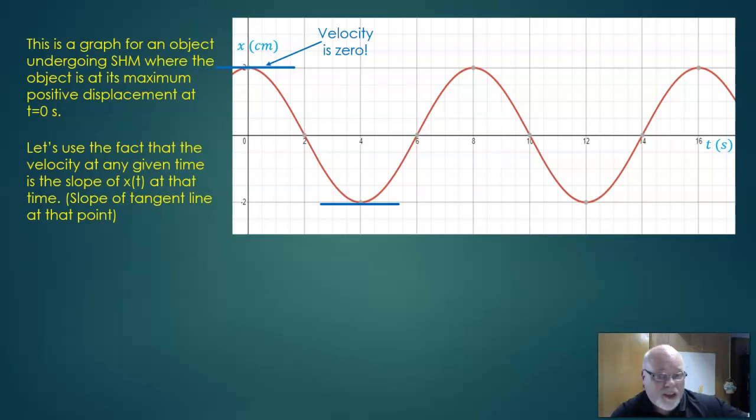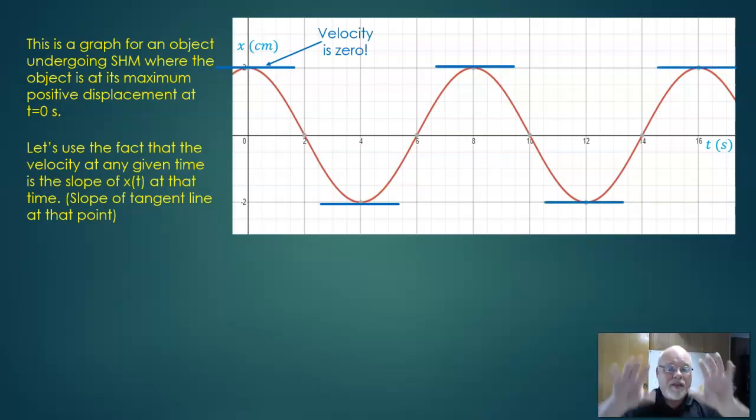So if it turns around, it's got to stop for an instant of time, and its velocity is going to be 0. And you can see that this is going to be the case every time it reaches its positive or its negative amplitudes. They're always going to be 0. So anytime that object is at its extremes, for that instant of time that it's there, its velocity is 0. It's sitting still for an instant of time.